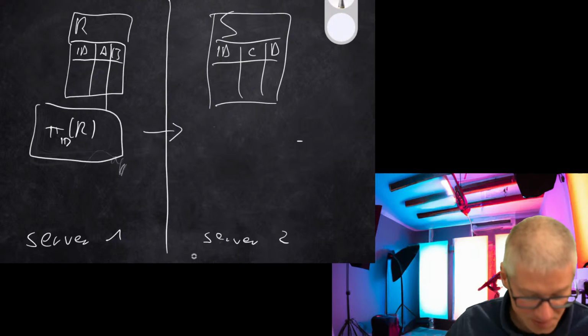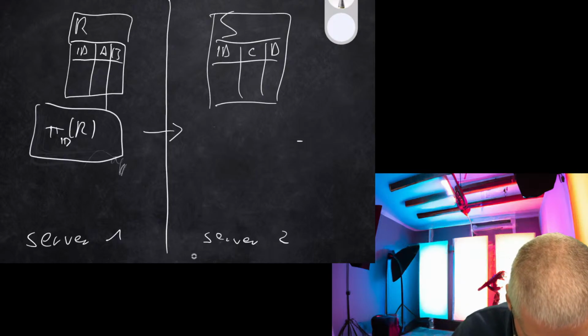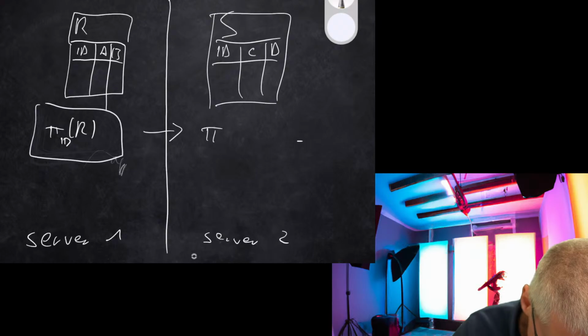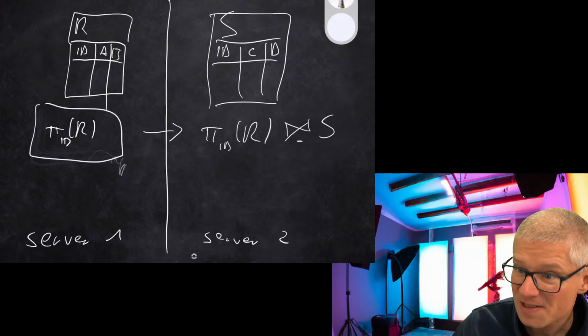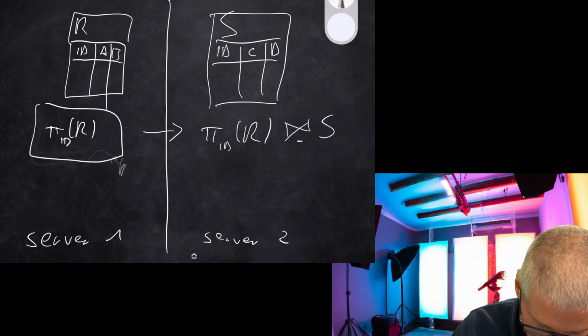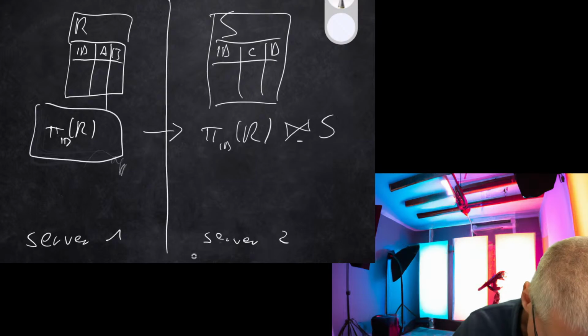Here we go. Okay, so this part basically creates a set, or in database lingo, a column of distinct IDs. So I send it over, and then here I do that join. So basically this will be joined with S. This would select the tuples from S that take part in the join with R. And this is actually run as a semi-join.